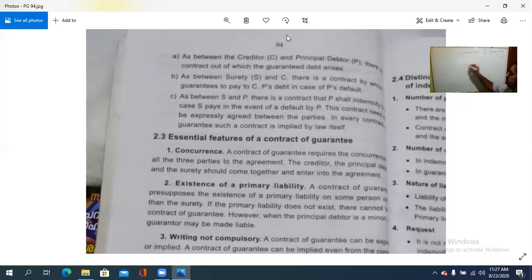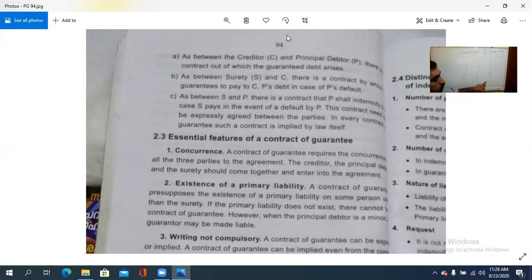S, C, and P, right? Surety, creditor, principal debtor. In such a case, as between the creditor and the principal debtor, there is an agreement, so that there is a contract out of which the guaranteed debt arises.